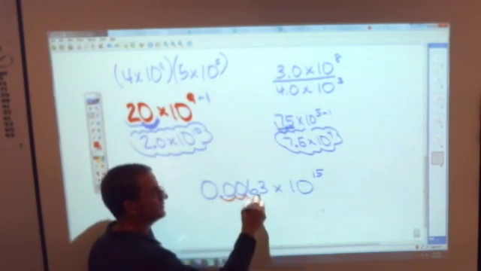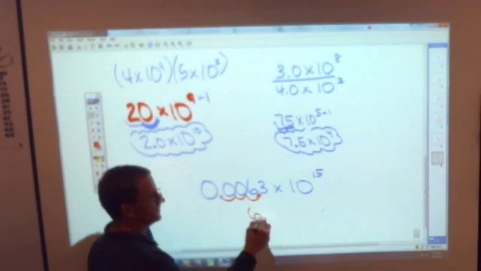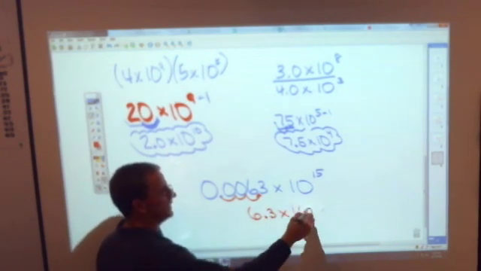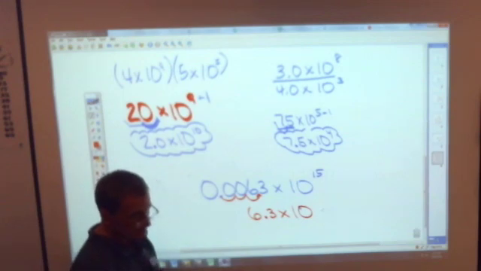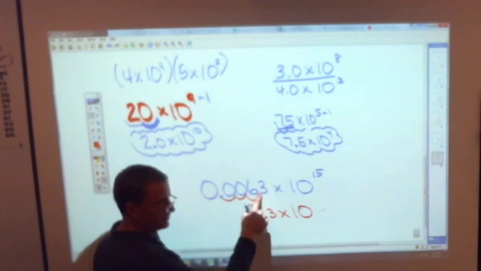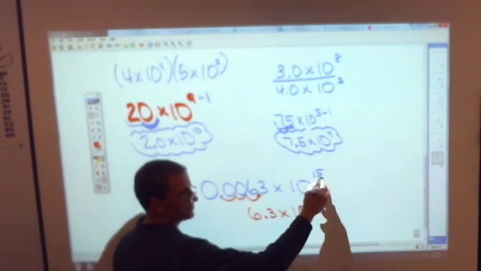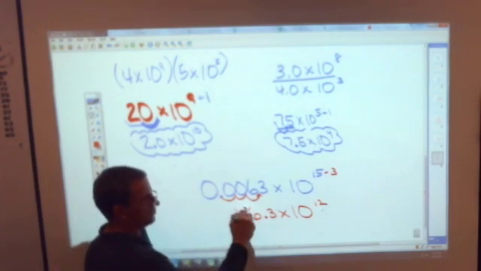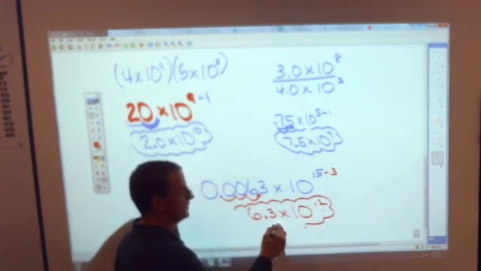Right here. I end up with 6.3 times 10. What is my new exponent going to be? Remember again, you think opposite. I made this bigger by 3 jumps, so I make this smaller by 3. 6.3 times 10 to the 12th.